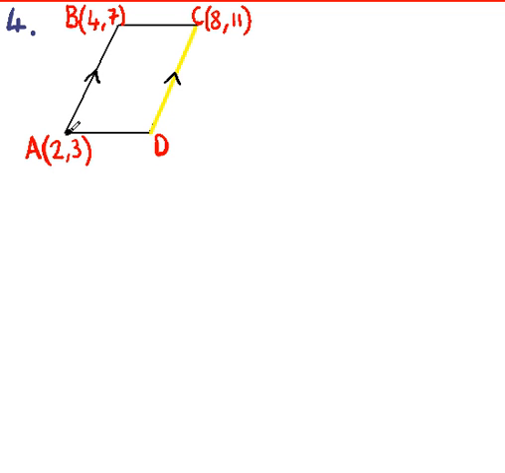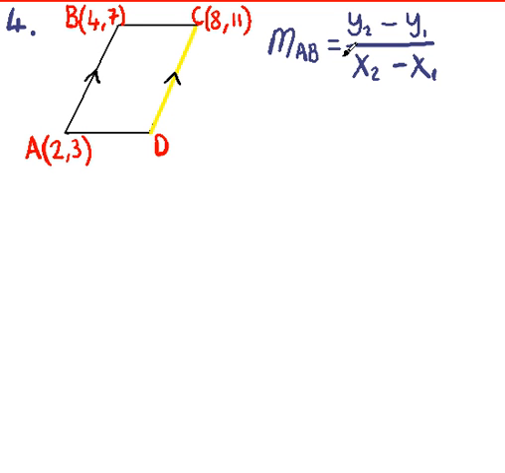Parallel lines have the same gradient, so all we have to do is work out the gradient of AB, and that's what we're going to do first.